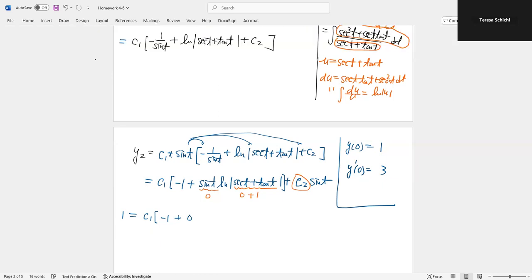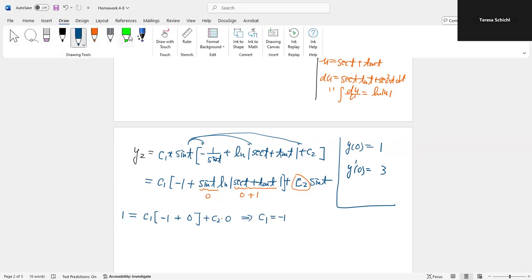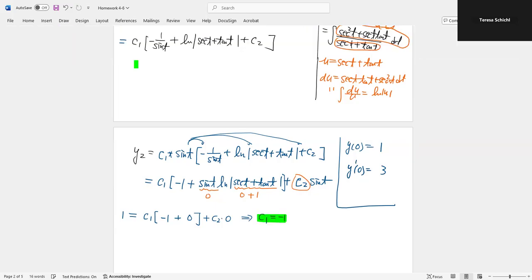Just very tedious. Then C2 times sine t is C2 times 0. So I get C1 is equal to -1. Let's highlight this, so later we will need to use it, so it's easy to find.